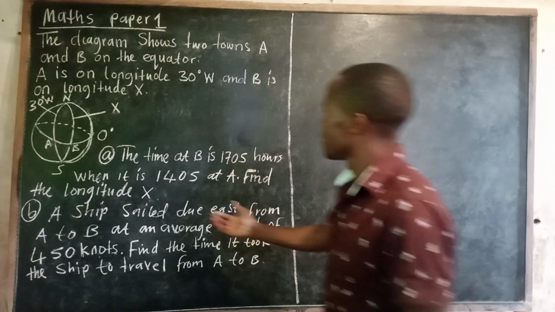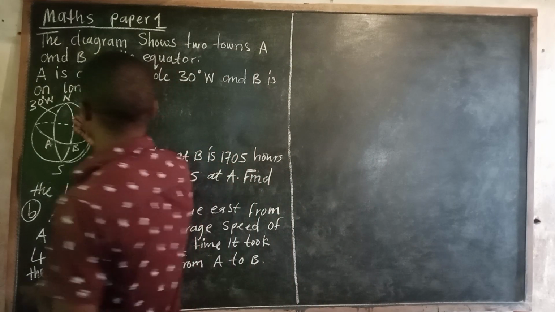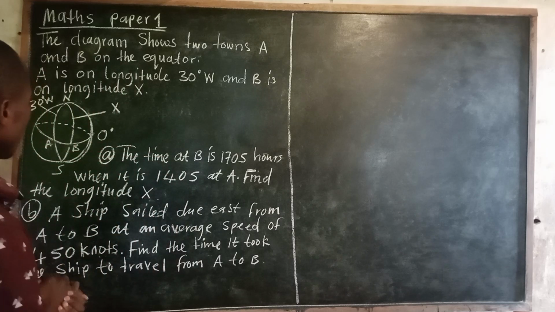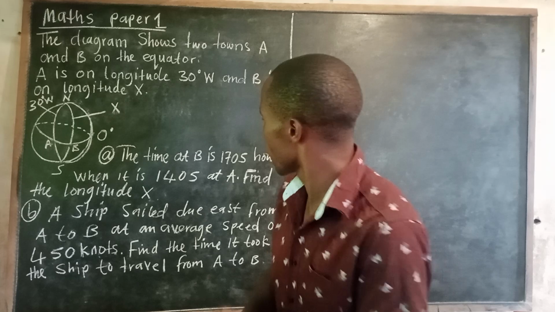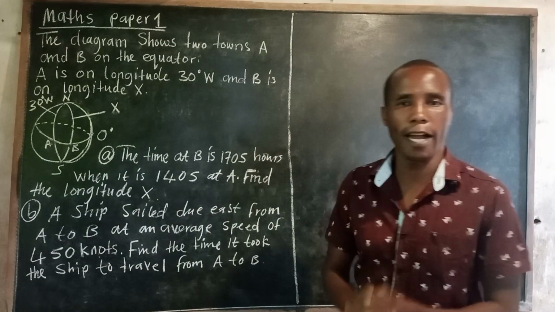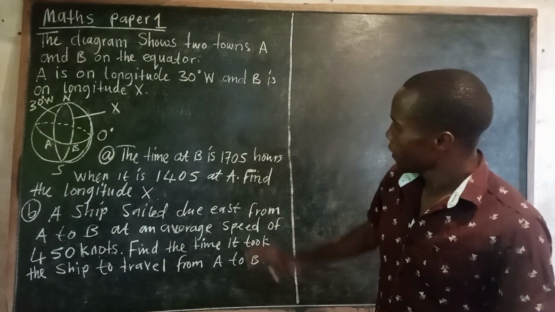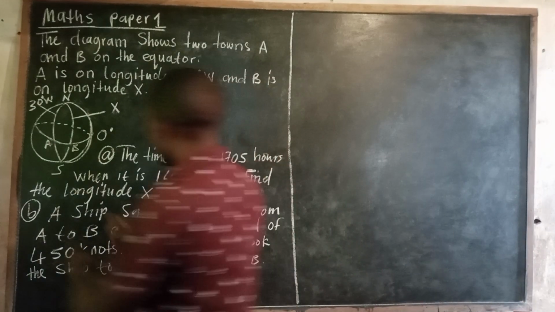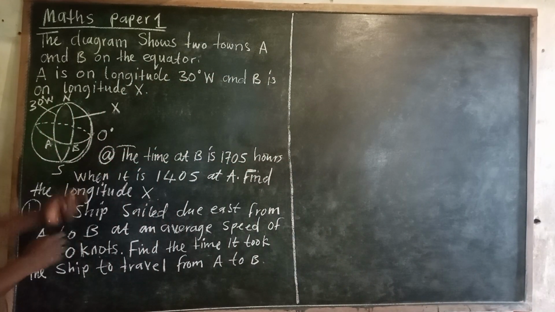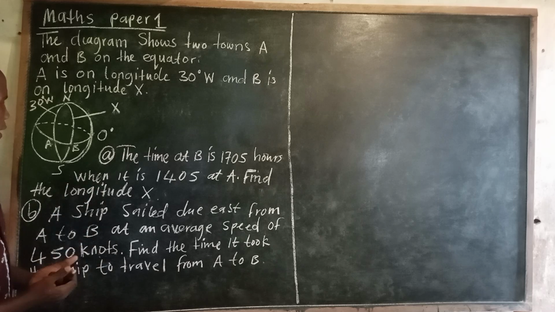How can we find the longitude X? The first thing that you are supposed to do as a candidate, as a learner, is to find the difference between these two points in time or hours.